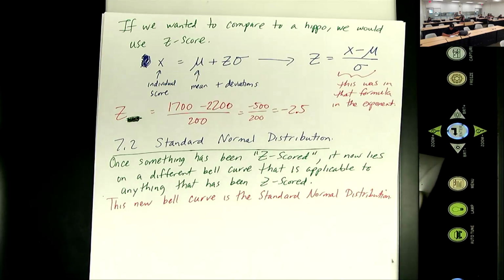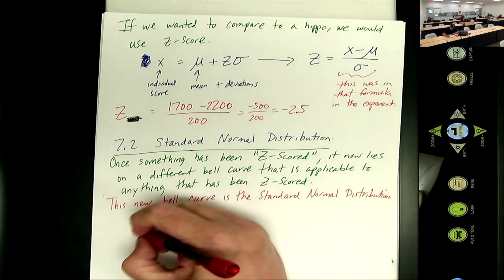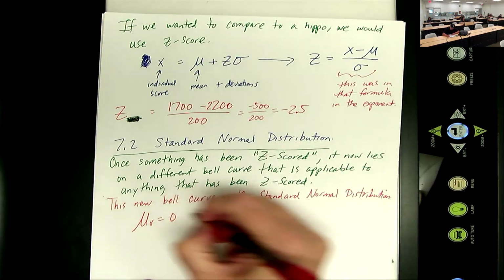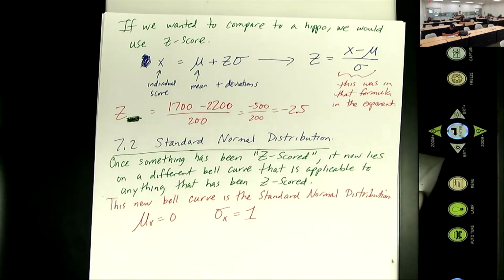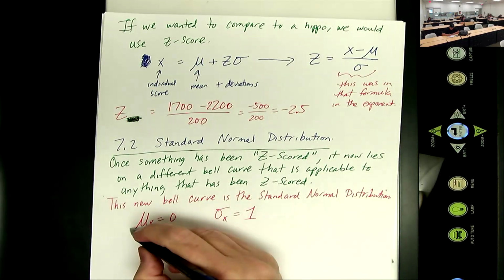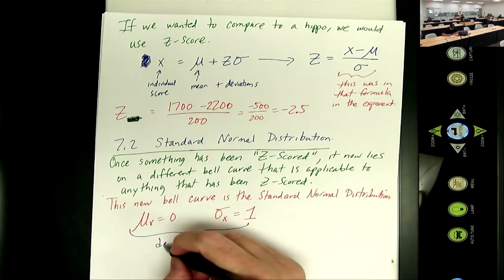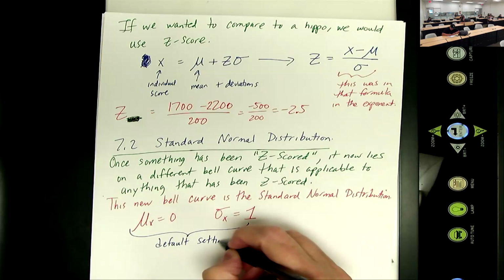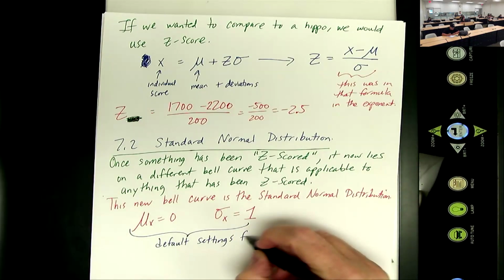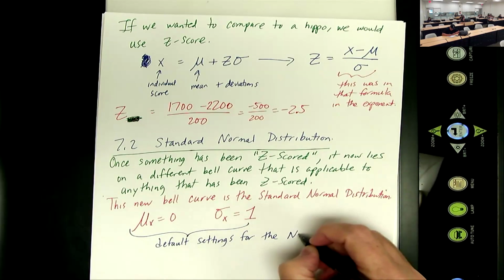Which means it's gotta have the same setup, it's gotta have a mean and standard deviation. The mean equals 0 and the standard deviation equals 1. And you'll note these are the default settings in StatCrunch, or the normal calculator in StatCrunch.